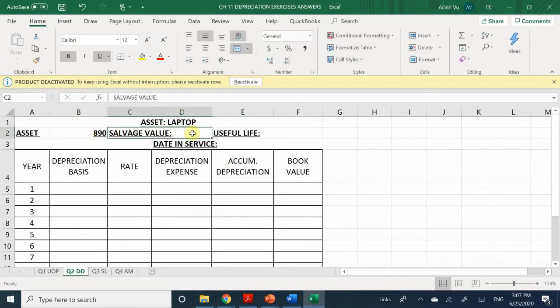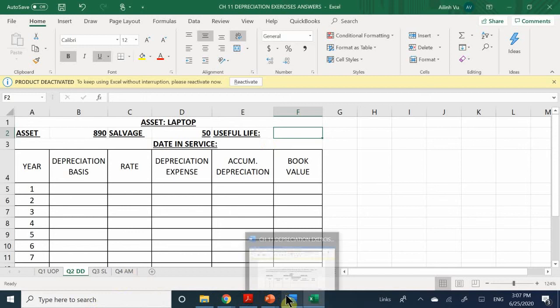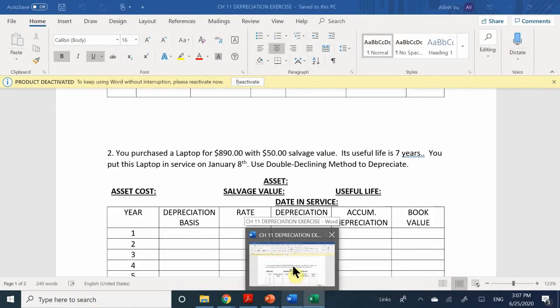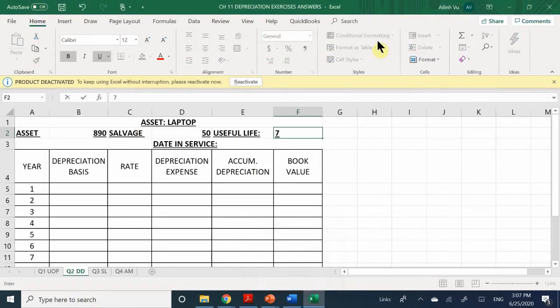So my salvage is $50. And then my useful life is how many years? I think it was 7. Yeah, 7 years.